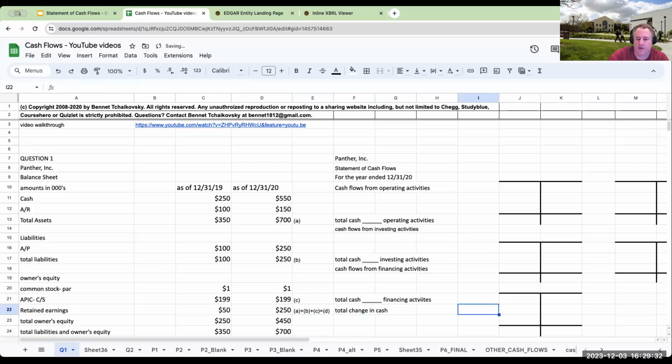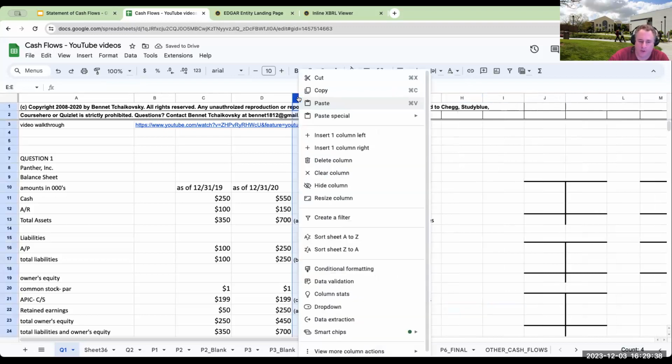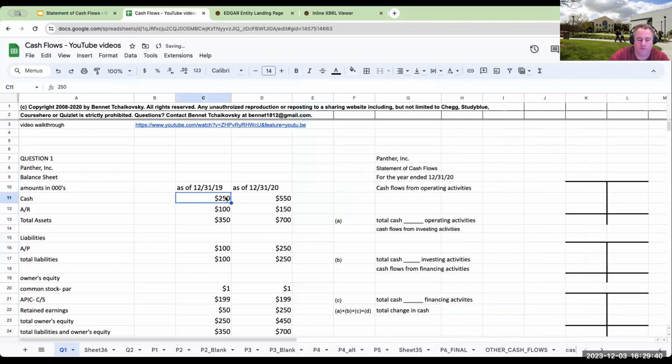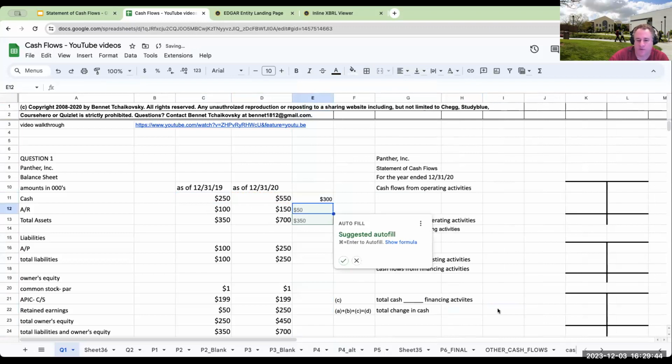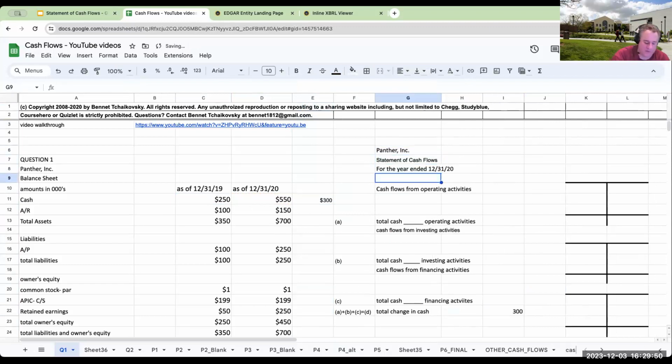For this particular question, we know our total change in cash is going to be how much? Cash went from 250 to 550, so cash increased by 300. Before I forget, we're going to put up here that these are amounts in thousands. So my total change in cash is 300.